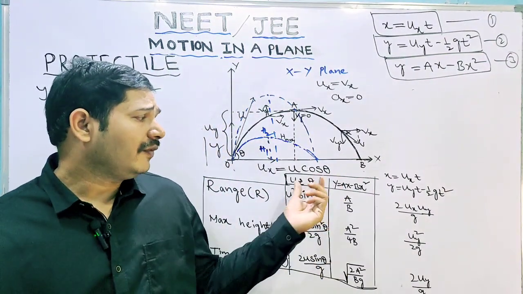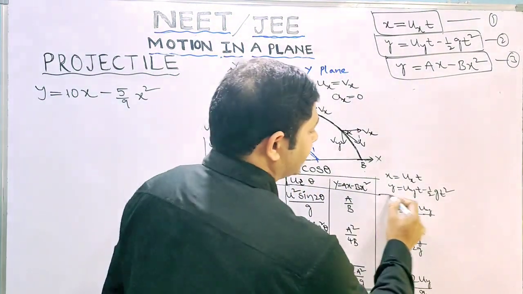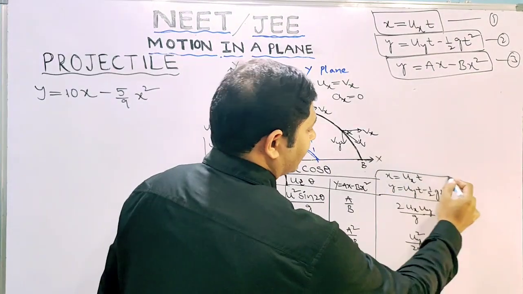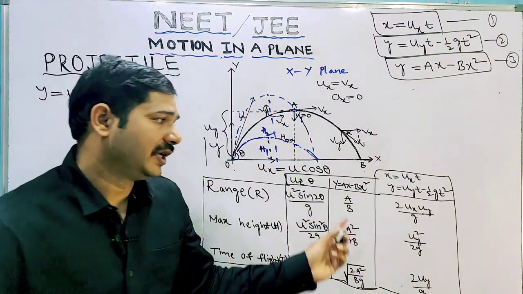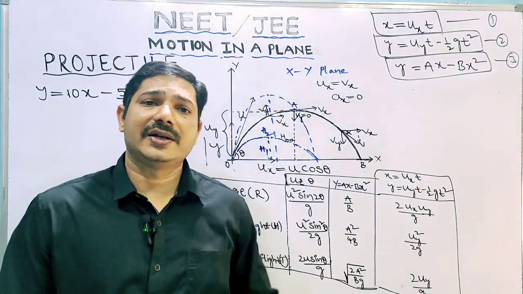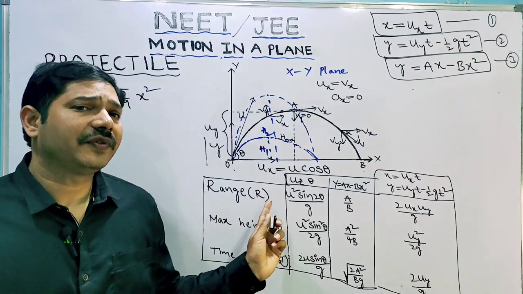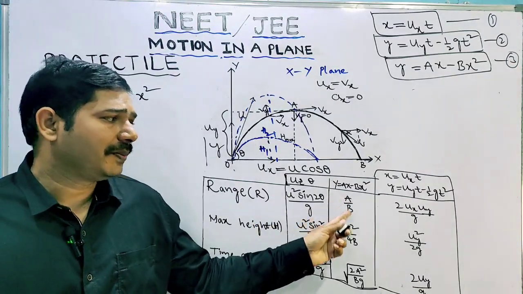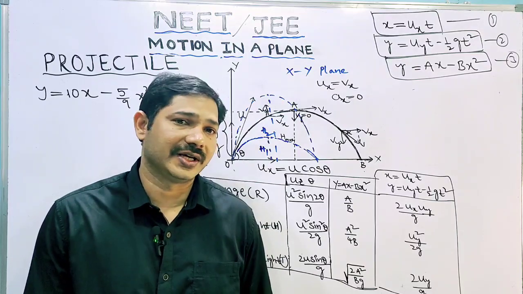If a parabola equation is given, at that time how to solve, we'll discuss. Parabola equation is what, y equal to ax minus bx square. Here range formula is simply a by b. If you substitute a by b, you'll get the range answer.